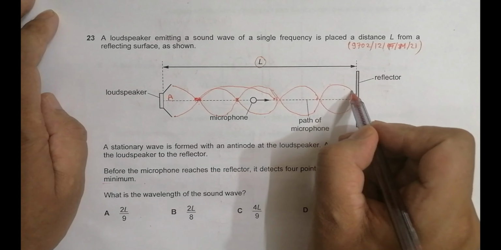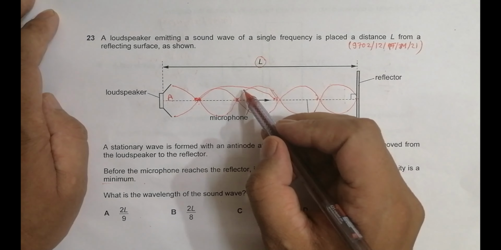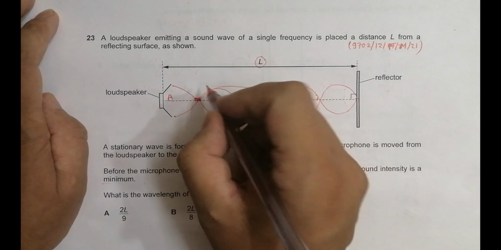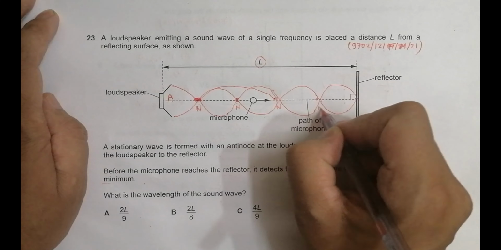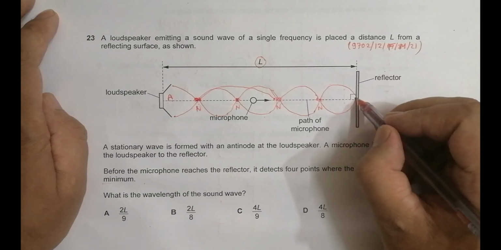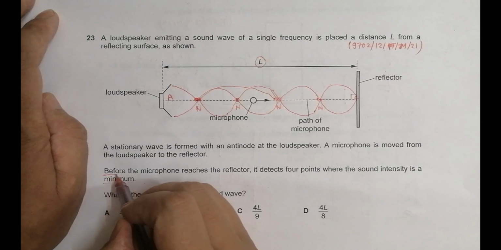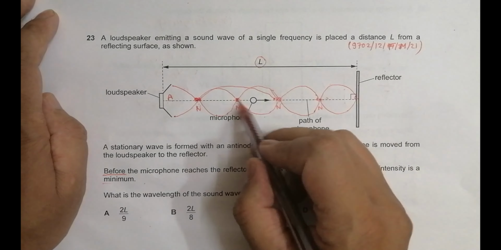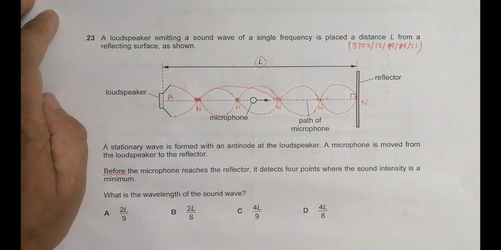I need to rub it, but since it has been done with a pen, I can't do that. So we have 4 points here: node, node, node, and node, where the intensity is minimum. This is also a node, but it doesn't count, because it says before the reflector, meaning to the left of this. So 1, 2, 3, 4. This one is the fifth, also a node. This is an antinode.